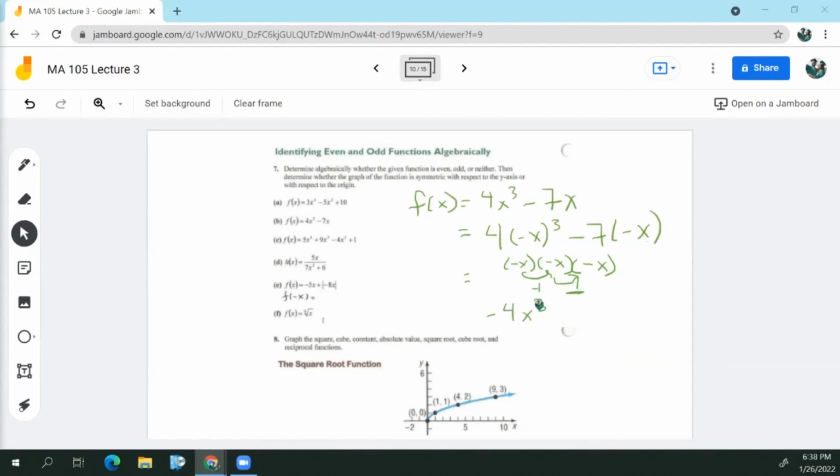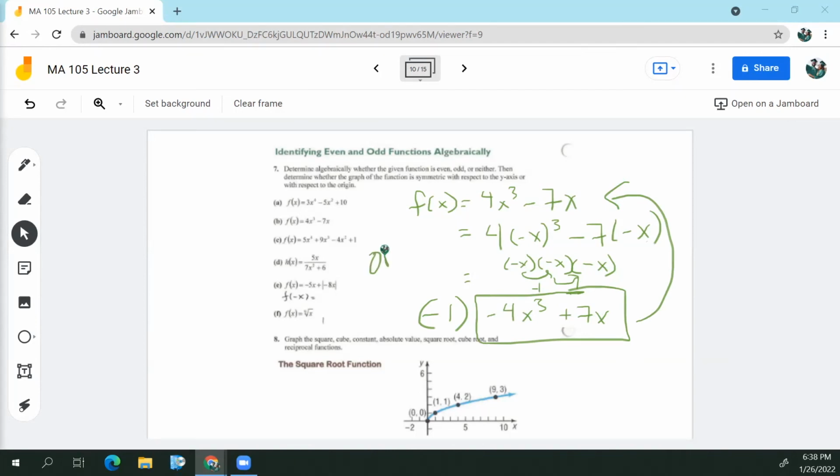If I have negative 7 times negative x, that's going to give me positive 7x. Now, you'll note that these are the same values if I multiplied the original function by negative 1. Do y'all see that? And therefore, these are odd. So this would be an odd function.